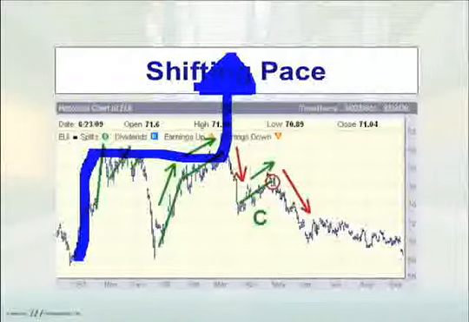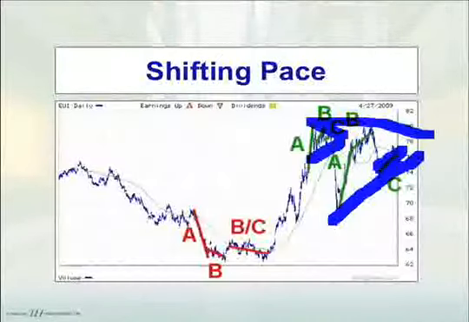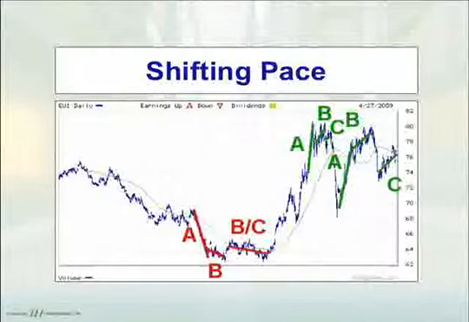Actually, yeah, this is something that does happen quite a lot, because let's actually go back here and look at even the larger time frame. If you remember, we were giving a class back in that November at the Las Vegas Expo where we were looking at correction in the dollar. Basically, same type of idea.